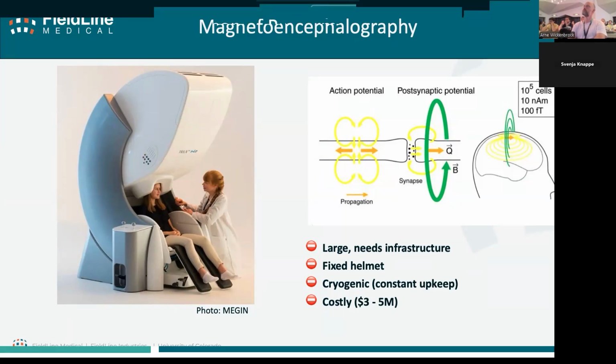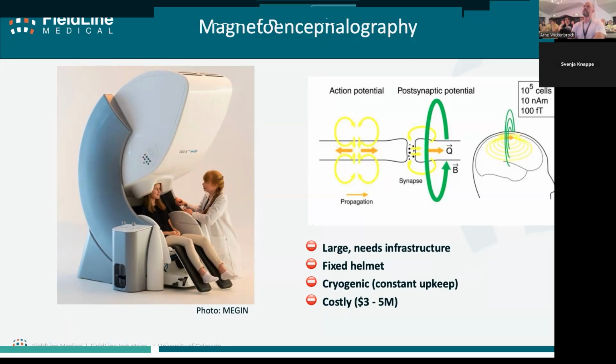What these existing systems are, are gigantic liquid helium dewars that have about 300 magnetometers or gradiometers sitting on the bottom. You stick your head inside and measure the activity on the outside. It's large infrastructure because you have to maintain that liquid helium and these giant dewars. It's a very fixed system.